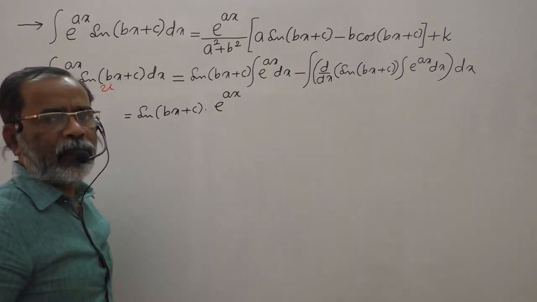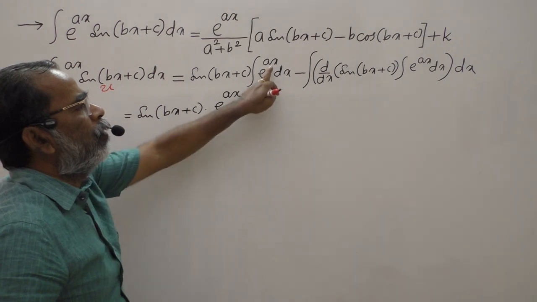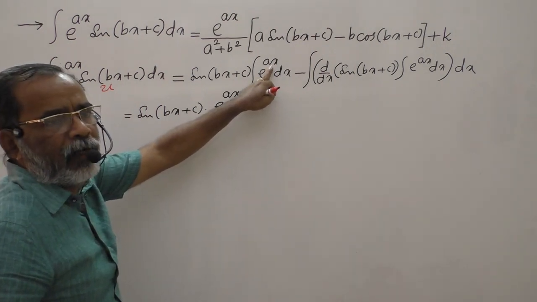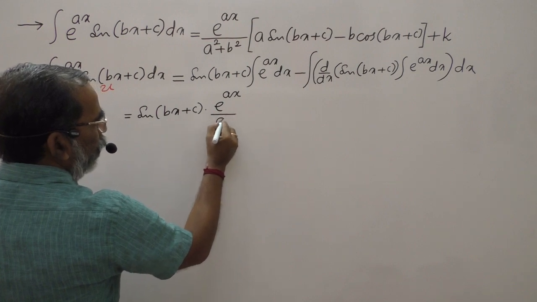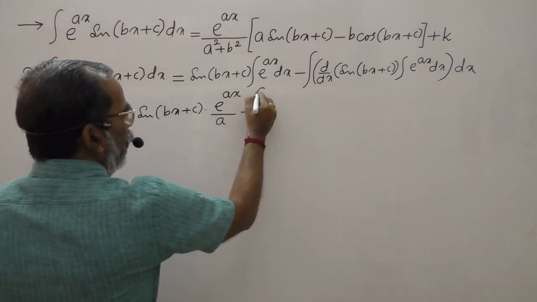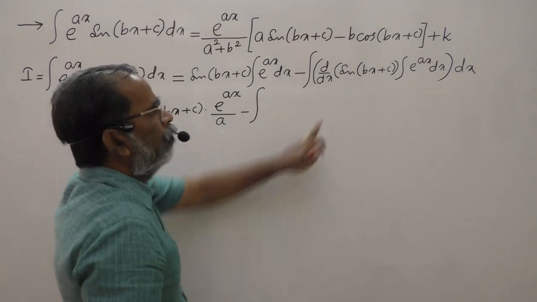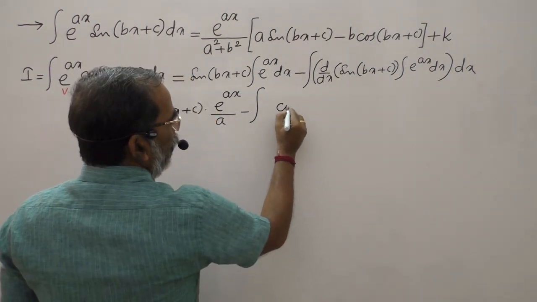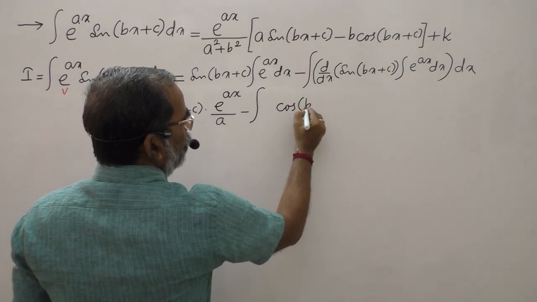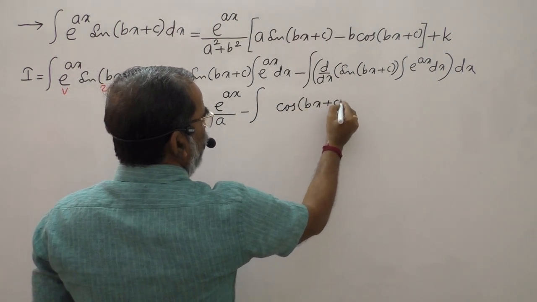E power x is e power x only. In place of x we have a linear factor whose derivative is a. Therefore divided by a comes. Next, the integral of d by dx of sine. What is the derivative of sine? Cos.